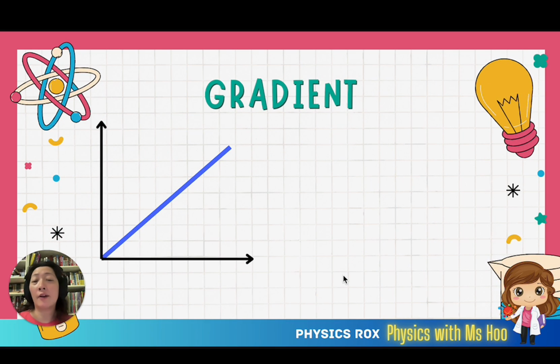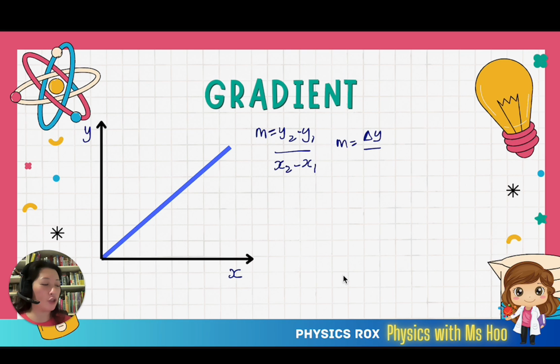Now, depending on how your math teacher teaches it, you might use any one of these following formulas. So if this is the y-axis and this is the x-axis, you might use a formula of y2 minus y1 over x2 minus x1, or you might learn it as change in y over change in x, or you might learn it as rise over run.